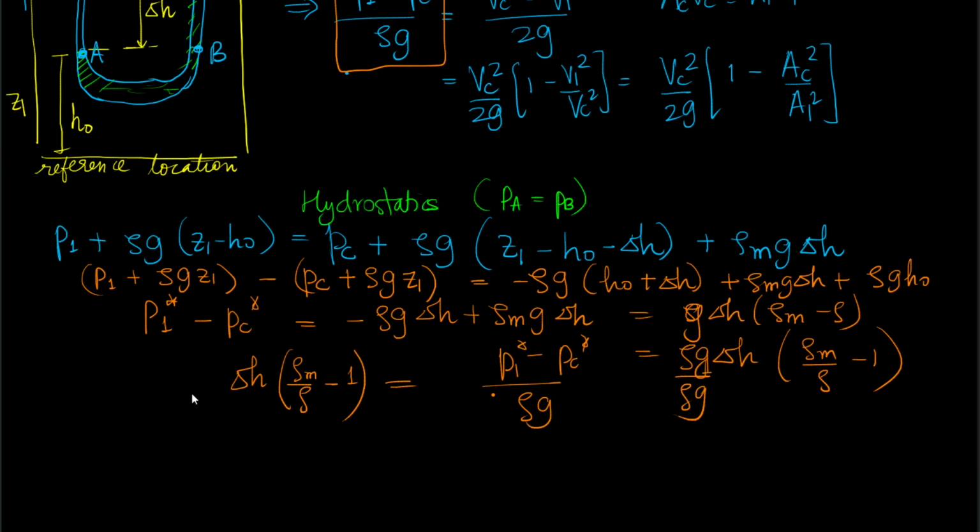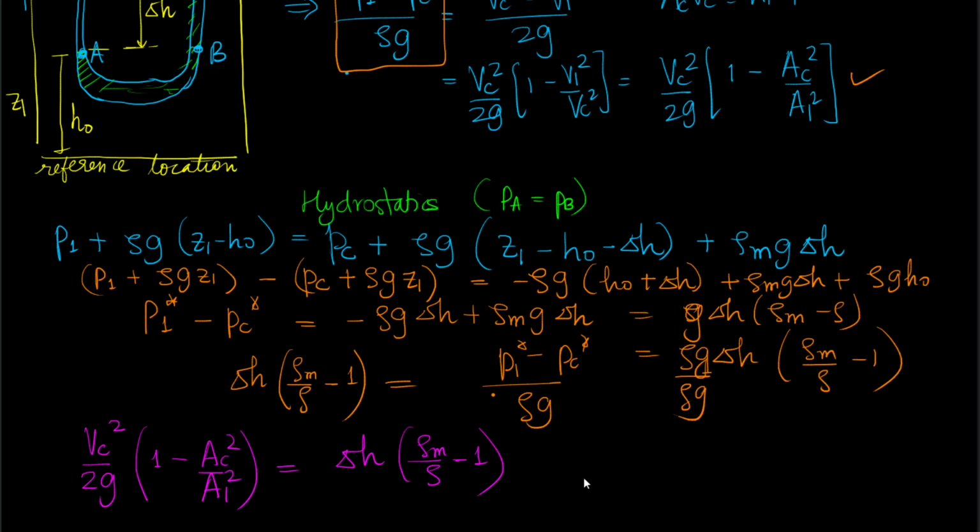So therefore the expression is, if we simplify this particular equation, we have Vc square upon 2g times (1 minus AC square upon A1 square) is equal to delta H times (rho m by rho minus 1).